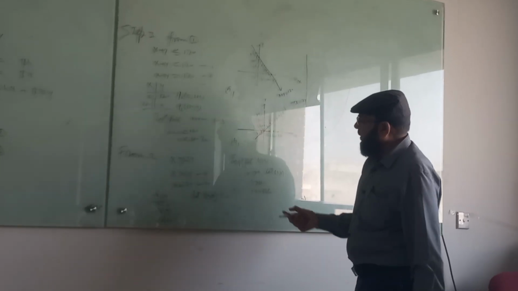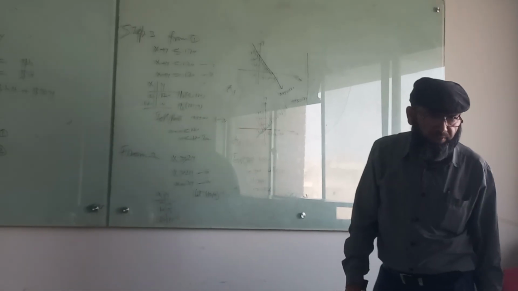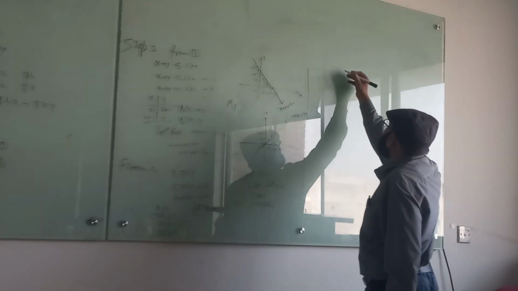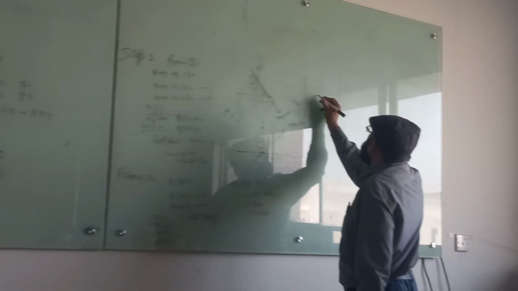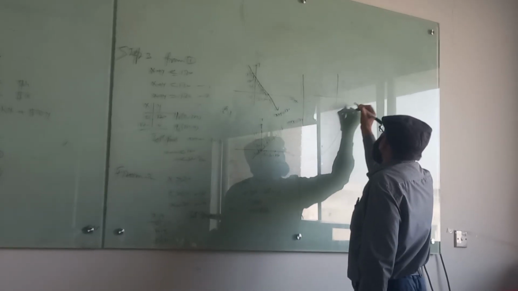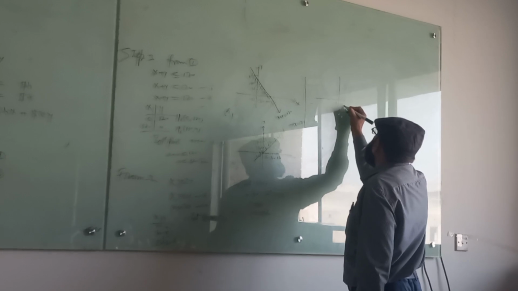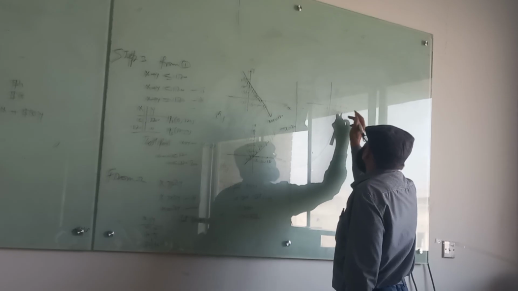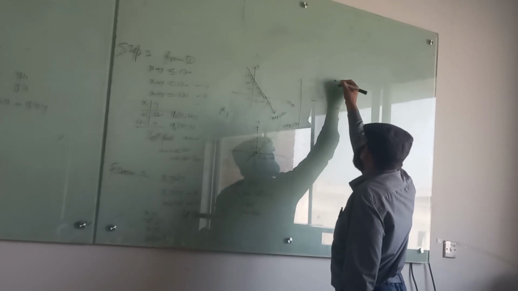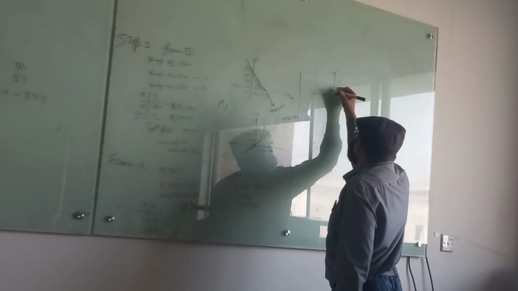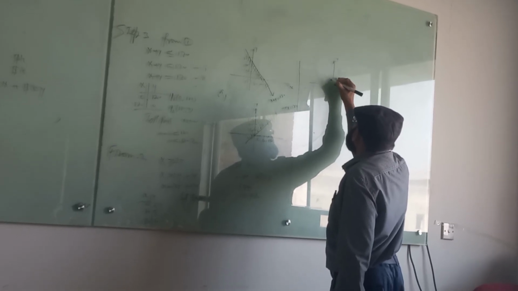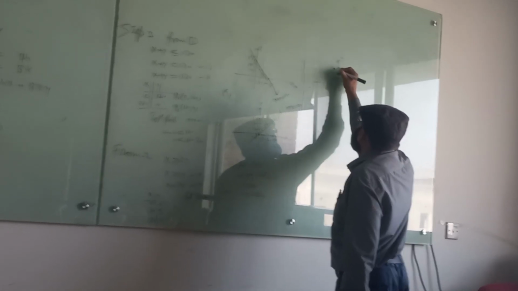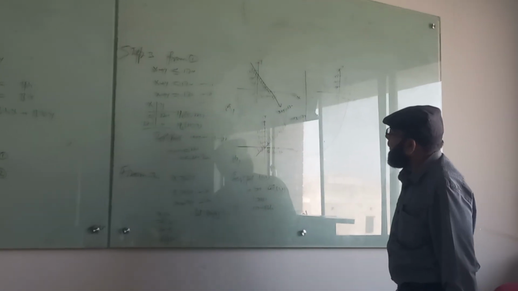Again, in the next step, overlap these two graphs. Origin, 50, 100, 150 on the x-axis and on the y-axis 50, 100, 150. This is what the first graph is here.